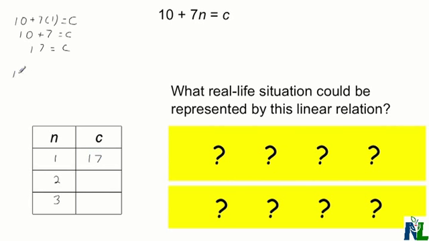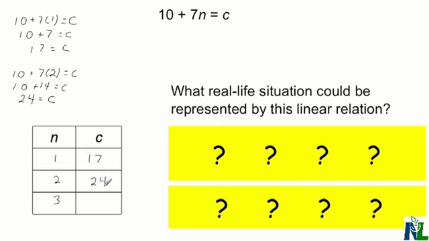Next, let's substitute in 2 for n. Again, we must complete our multiplication first. If n is 2, c is 24.